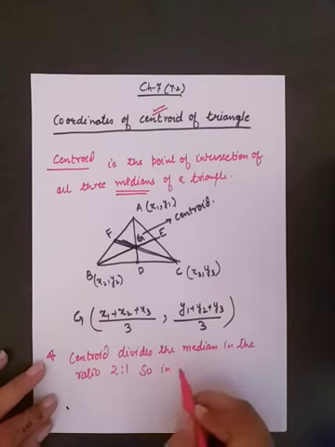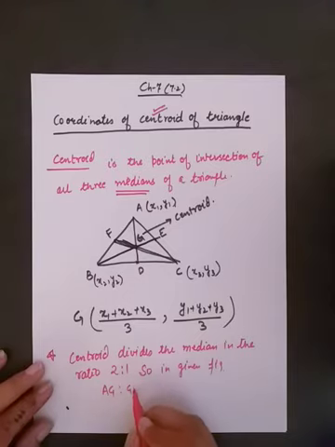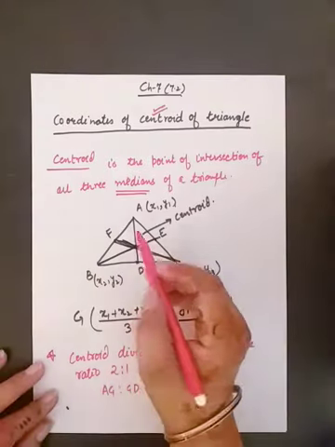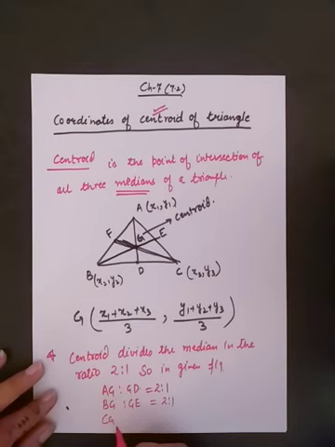So in the given figure, AG:GD, from the vertex side, will be 2:1. Similarly BG:GE will be 2:1 and CG:GF is also 2:1.